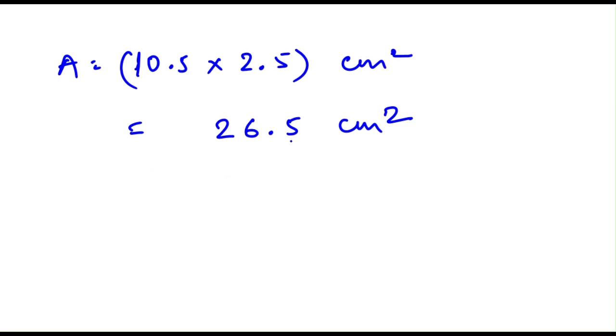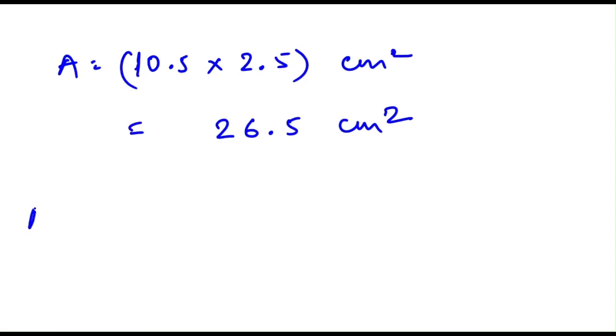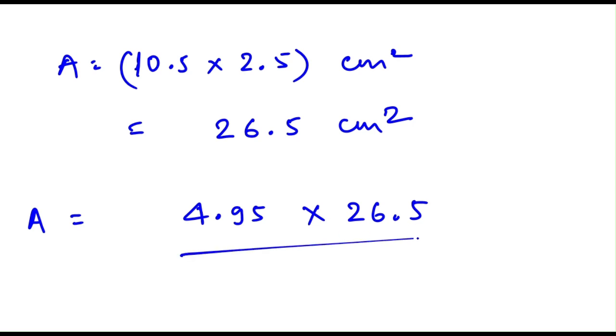Okay, now this is the area, and now we are going to report the error. So what is the total error? 4.95%. So if we want to know what 4.95% of this value is, we have to do a calculation here.